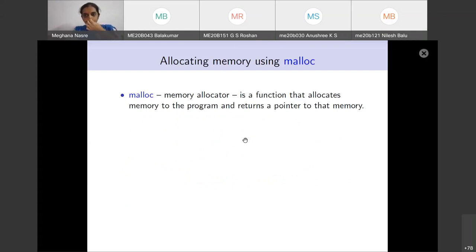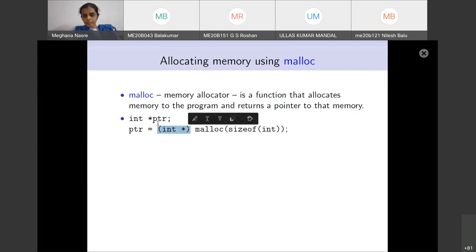The syntax is that you give malloc the number of bytes that you want to allocate, and it will return a pointer to void star. So in order to access the memory that you have allocated appropriately, you need to typecast this, and it is the responsibility of the caller to typecast the void star pointer appropriately.